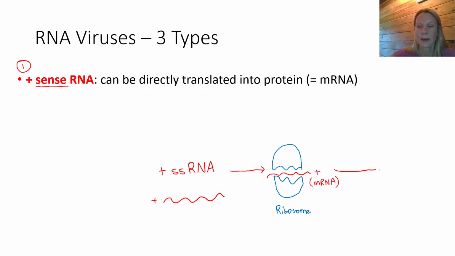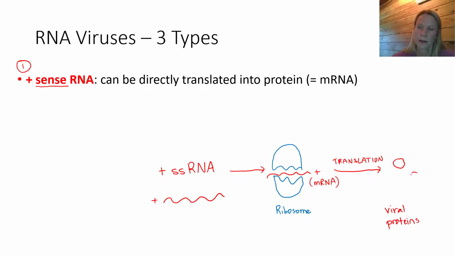So translation is immediately initiated, and as a result, we get production of viral proteins. And so that could be capsid, that could be viral spikes, okay?